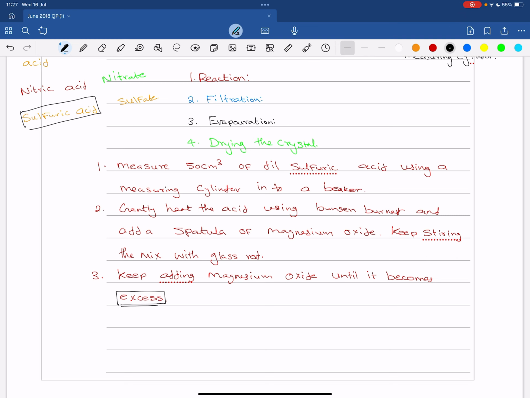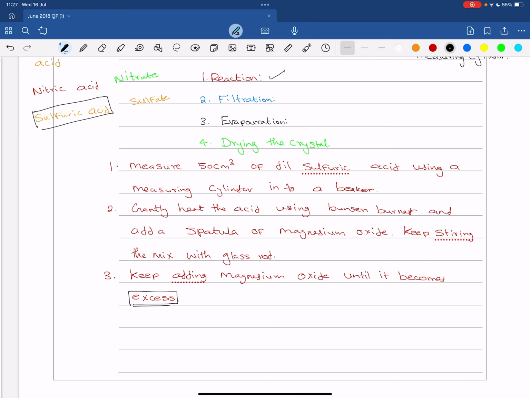Now, next step. So we have talked about the reaction. We are going to be talking about our next step, which is filtration.